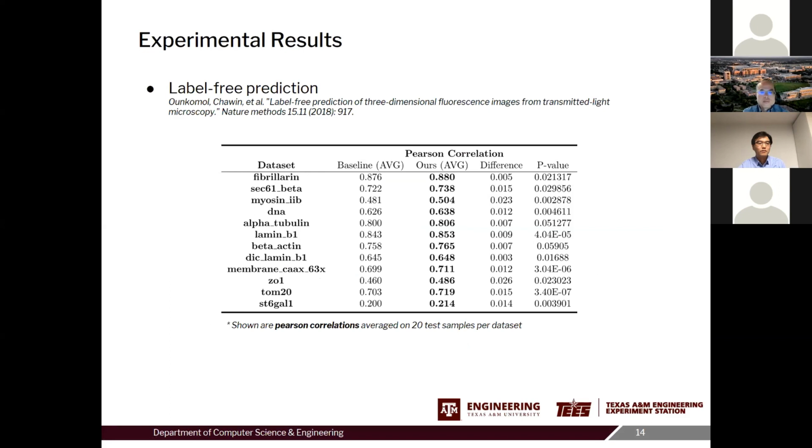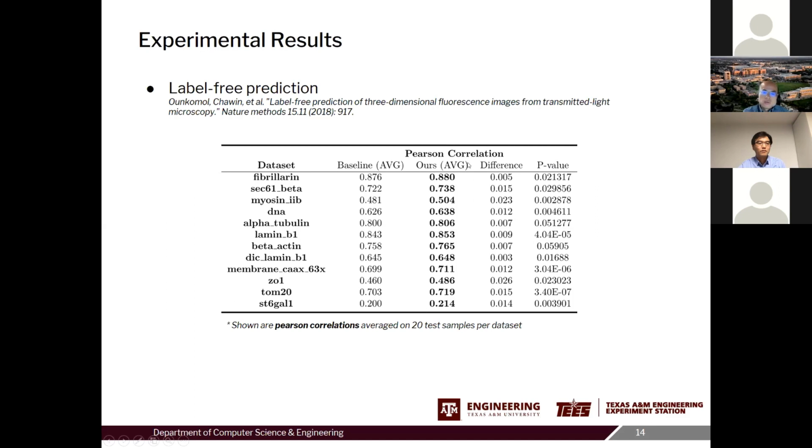We evaluated our method on a few biological image applications. One of them is this label-free prediction case, where you have a bright field, unstained image as input, and the output is the different structures inside this biological image. The evaluation here is based on the Pearson correlation between the predicted image and the ground truth.